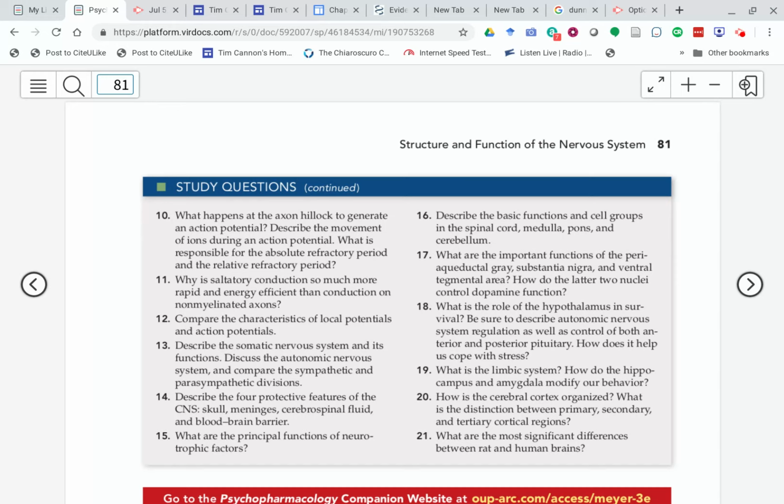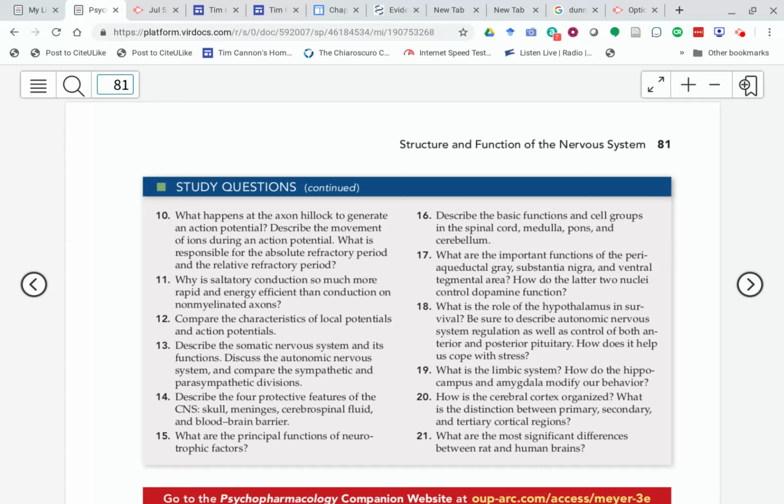Neurotrophic factors, I didn't discuss that very much, but the book did. The basic functions and cell groups in the spinal cord, medulla, pons, and cerebellum. The book, by the way, in humans is putting my area, the periaqueductal gray, in the human pons. I hate it that the mesencephalon isn't even mentioned.